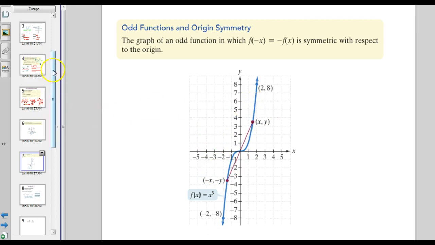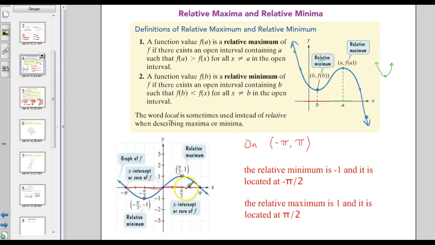Now if you look back at this original example we did for relative min and max, this actually has odd symmetry also. It's got that origin symmetry. Positive pi over 2, positive 1, negative pi over 2, negative 1. It has that same origin symmetry to it.